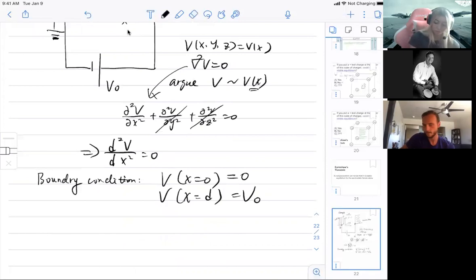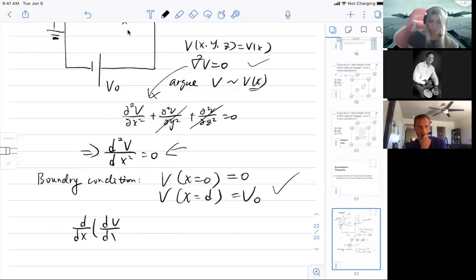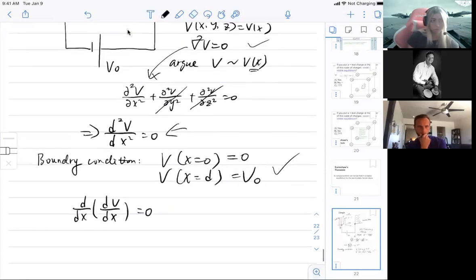So I have those 2 boundary conditions written down. Solving the Laplace equation and matching it up with your boundary conditions is the general process we will go through. So let's solve this. This is just one dimension, so it's relatively easy to solve. This is 0, which means dV/dx must be a constant, let's call it c.